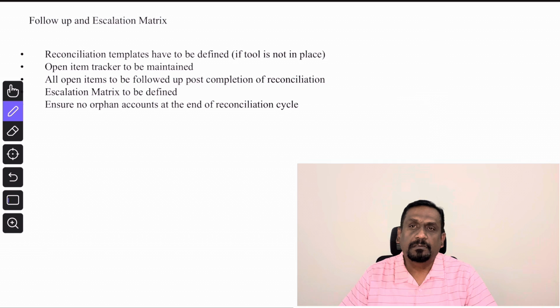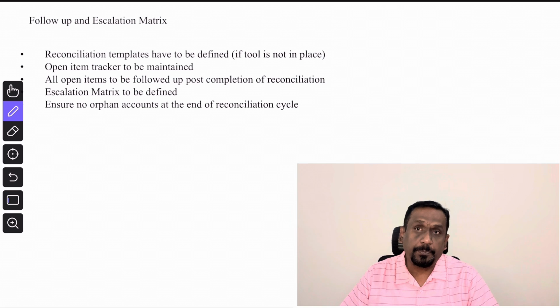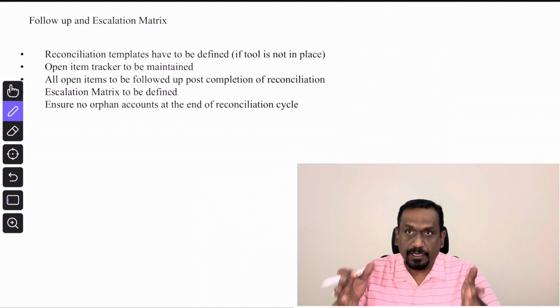Krishna, I'm a fresher. I just joined a few months back. I don't know how the standard reconciliation template should be. There is no hard and fast rule that the reconciliation template has to be like this, that every company has to follow.